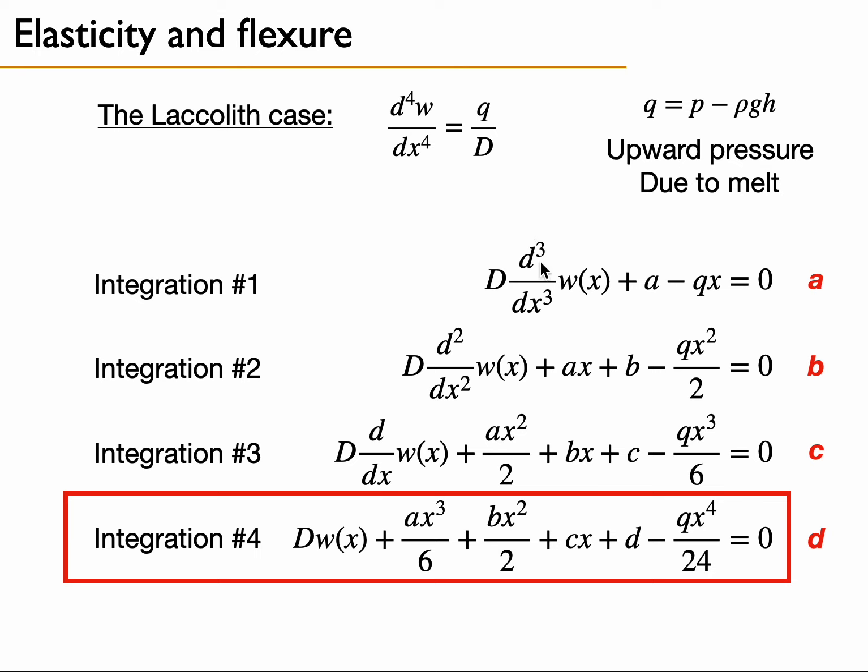This one has d to the power 3 W/dx^3. This is second order, this is first order, and this is order 0. So if we work with dW/dx, we definitely want to work with integration step number 3. So we are going to use this equation because the boundary condition is relative to this quantity.